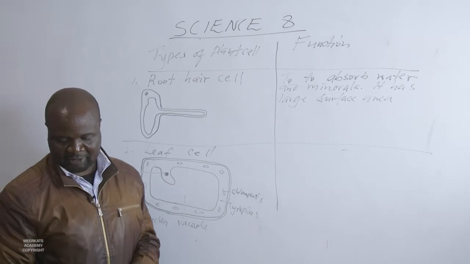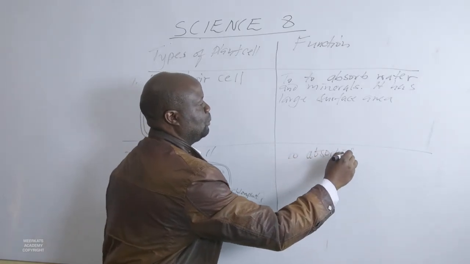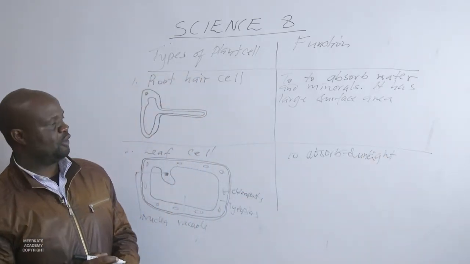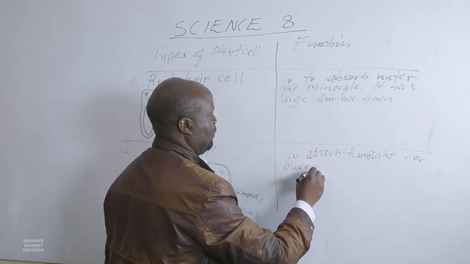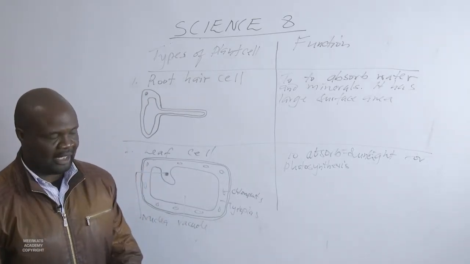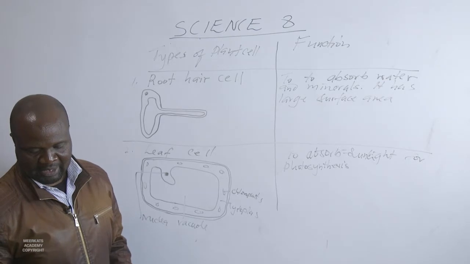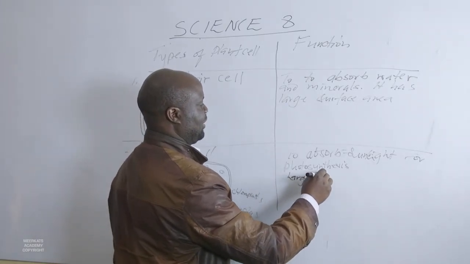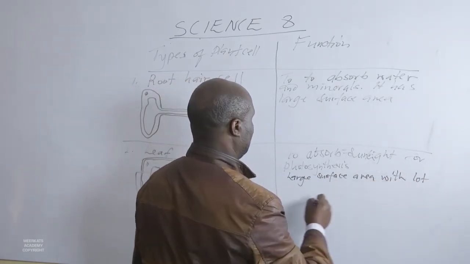What is the function of the leaf cells? To absorb sunlight for photosynthesis, that's why it has the large surface area, with lots of chloroplasts.